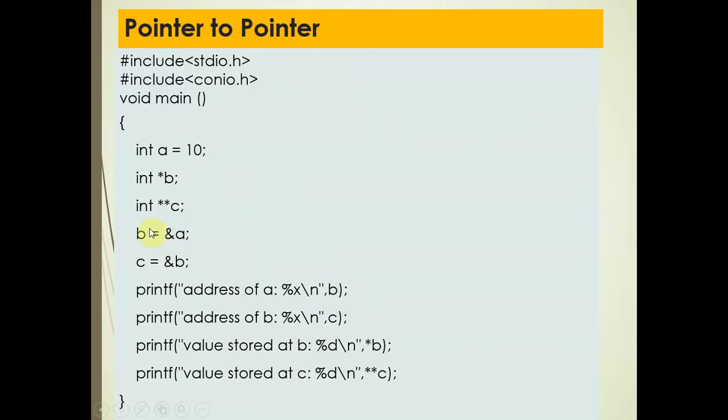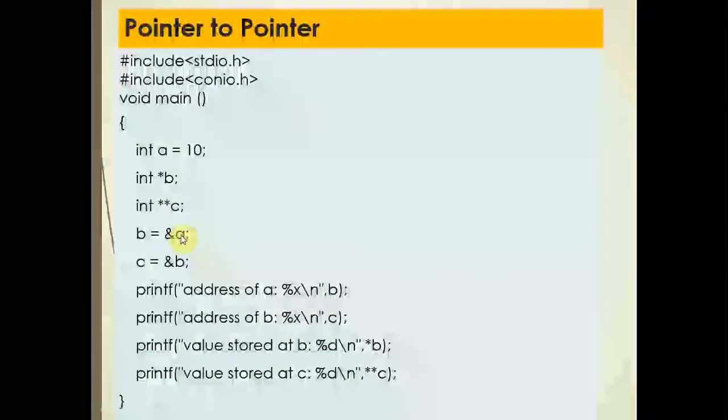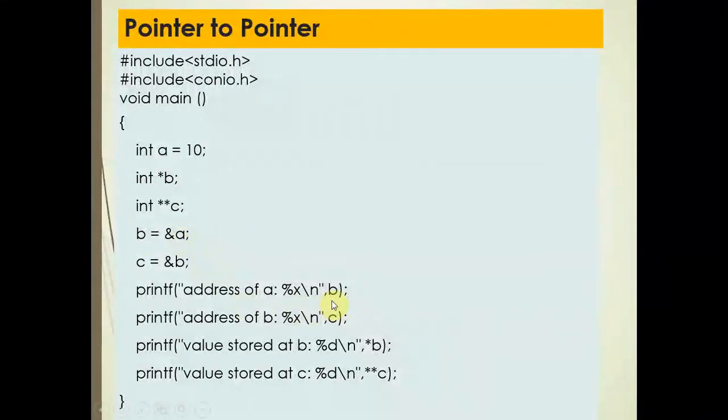What does b contain? b contains the address of a, meaning the value stored in variable b is the address of a. So this will print the address of a, because b contains the address of a. Whenever this statement is executed, it will print whatever the address of a is.